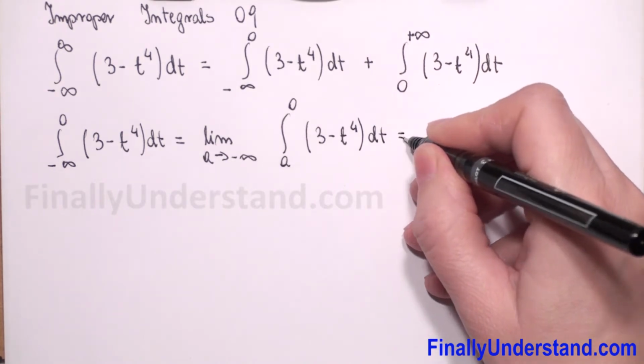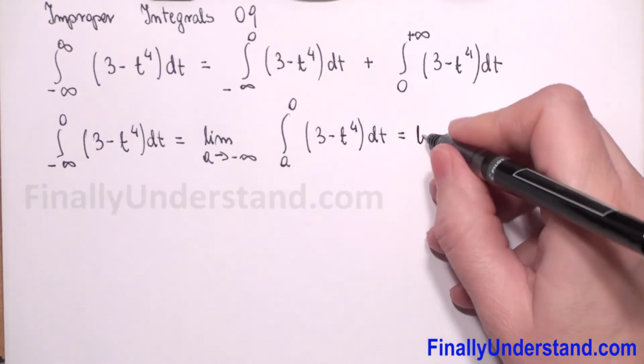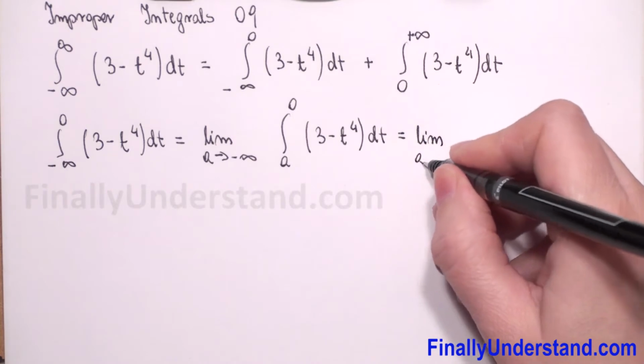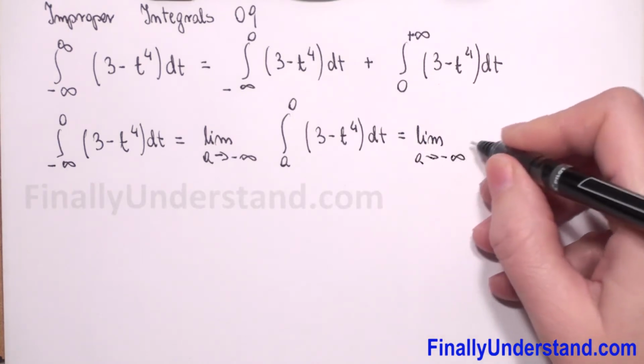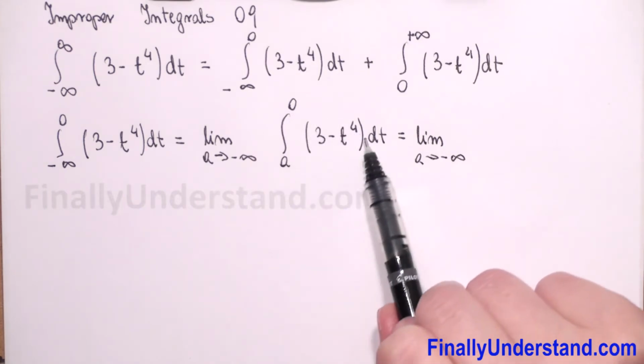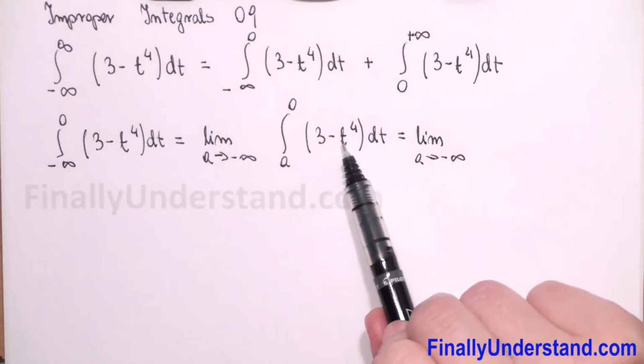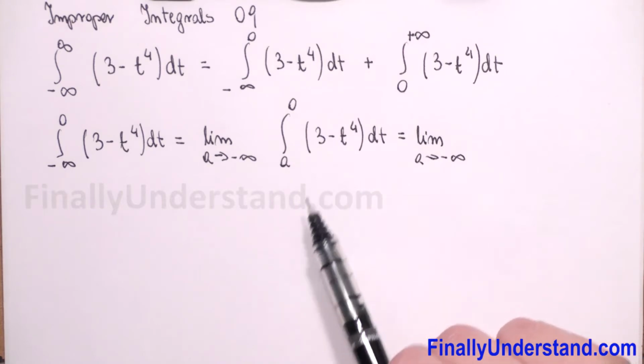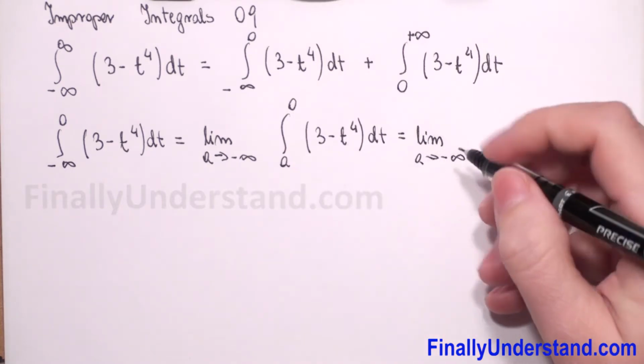So this is equal to the limit as a goes to negative infinity. What else should I check? If our function is continuous. (3 minus t) to the 4th power is a continuous function, so everything is okay.